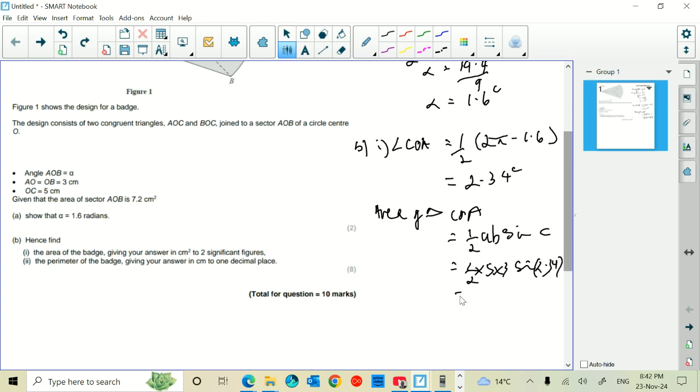And that will give us the value, when you go to the calculator, of 5.39. And make sure your calculator is again in radians.